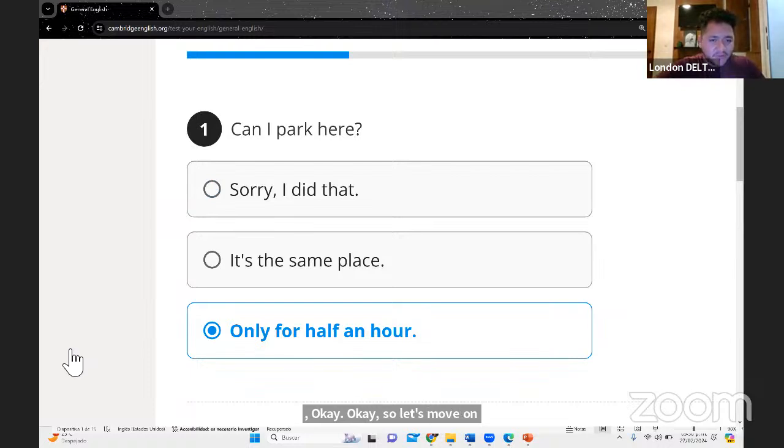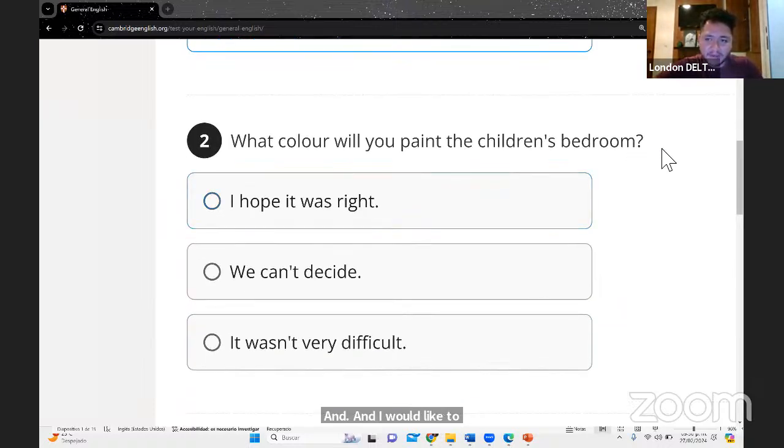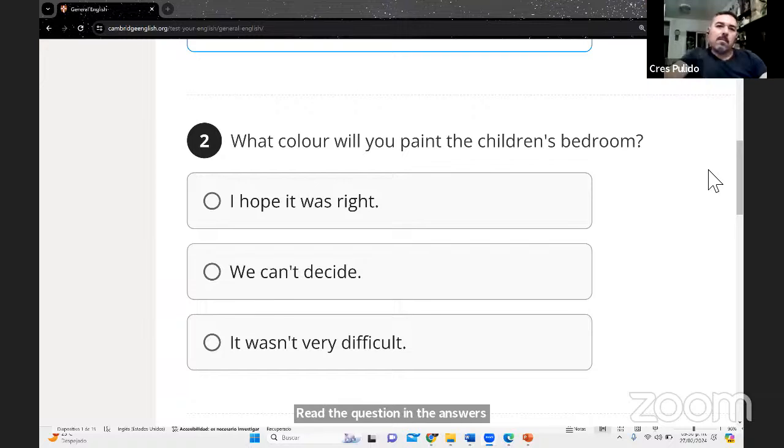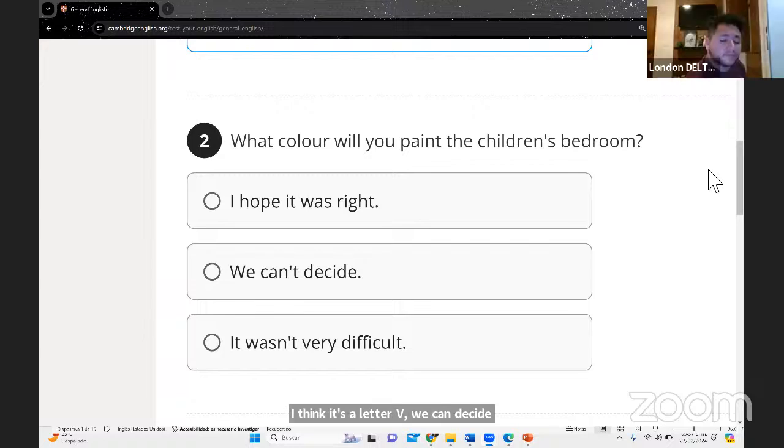And I would like to ask, please, Cres, can you help us with number 2? Read the question and the answers. Number 2, what color will you paint the children's bedroom? I think it's letter B. We can decide. Okay, please everyone leave your answer. Tenemos 10 segundos para contestar esta pregunta.